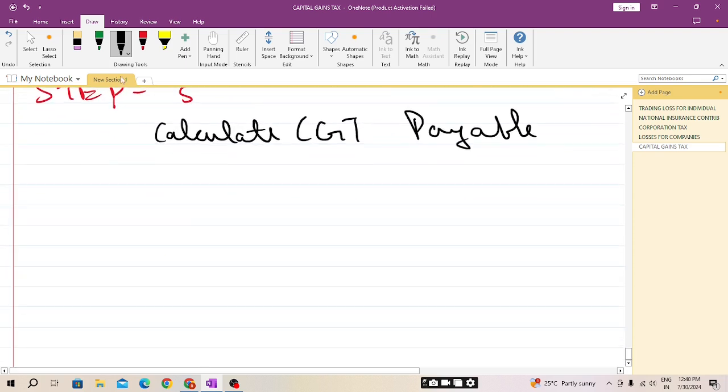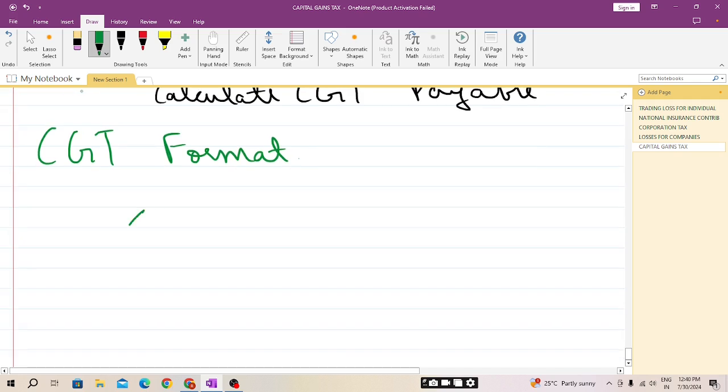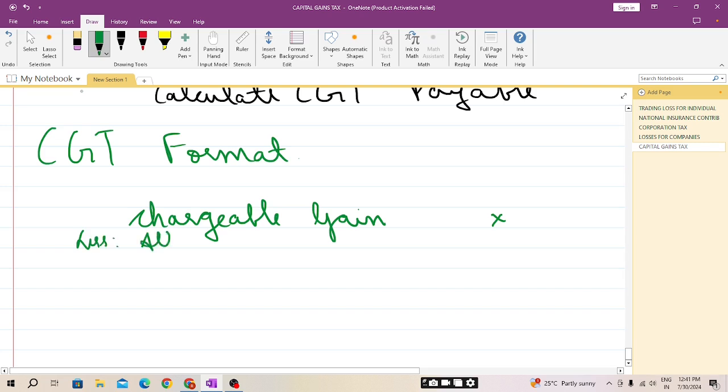So now, students, we can follow a format in the examination. The CGT format. The format will be, students, the chargeable gain in that year less allowable loss.